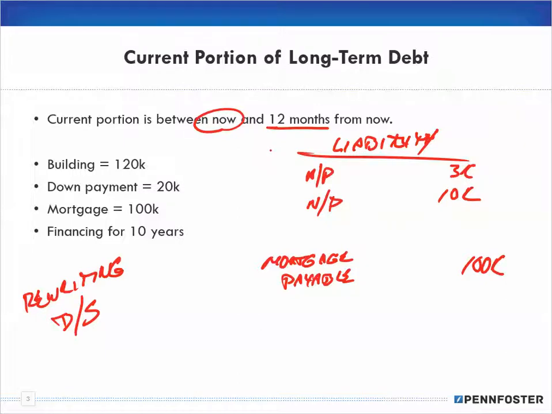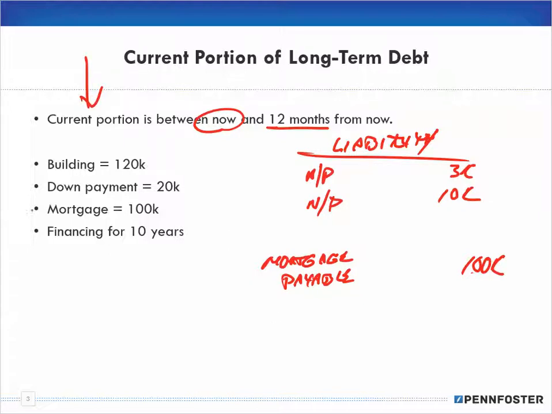If we put on our balance sheet our accounts exactly the way they're listed on our trial balance, they would look like this. However, what we do is rewrite the balance sheet in order to take into consideration what the current portion is.